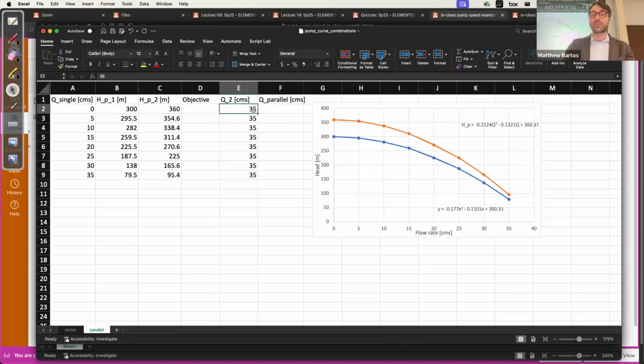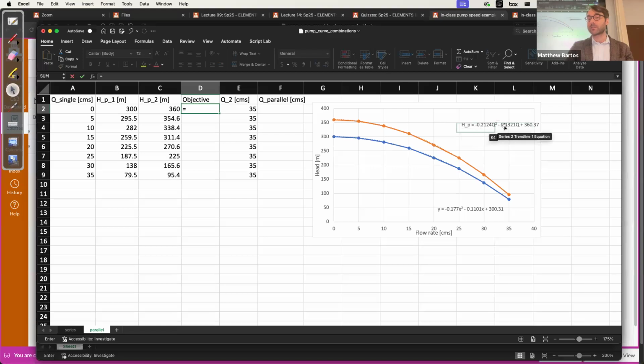So we have an initial guess of our discharges. For our objective, we're going to try to find the discharge such that this polynomial evaluates to 300. So we take our polynomial, 0.2124 times Q squared minus 0.1321 times Q, that's cell E2, plus 360.37.